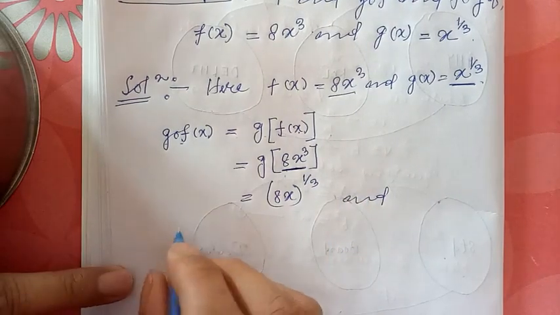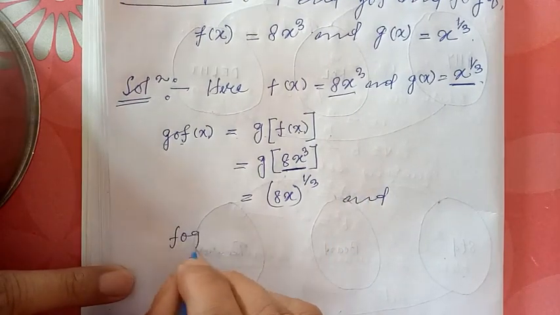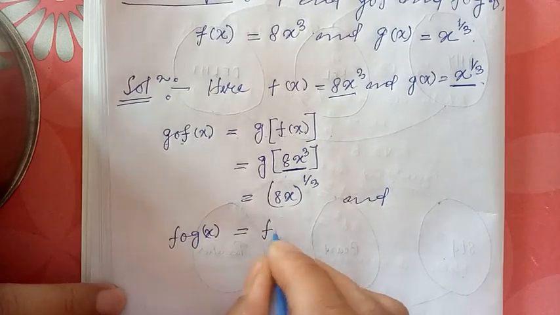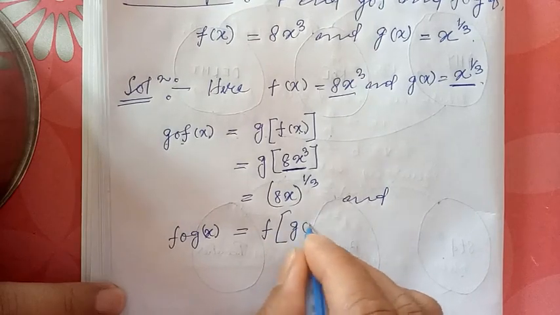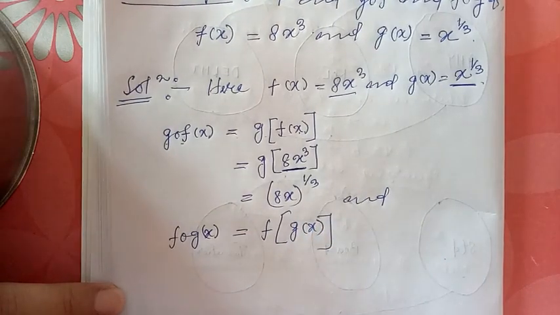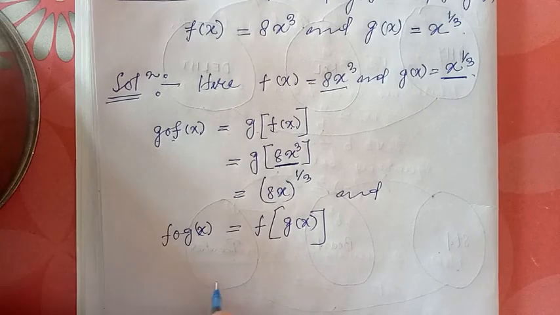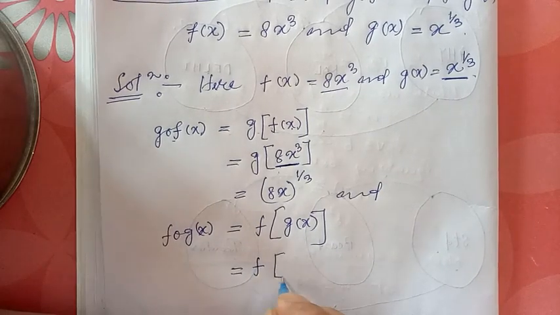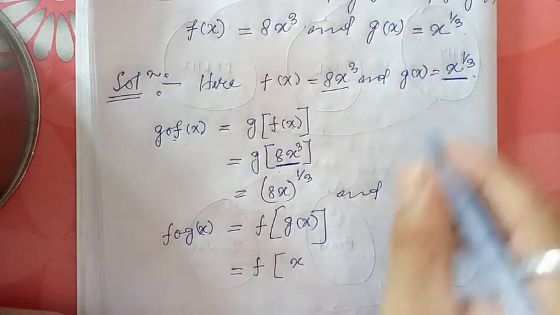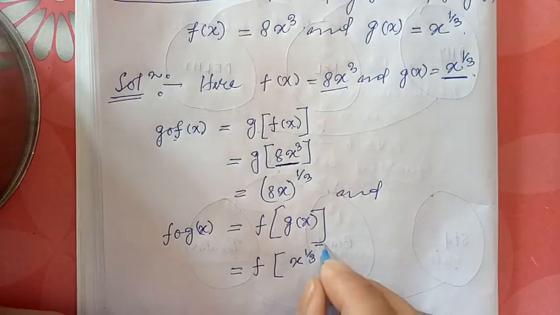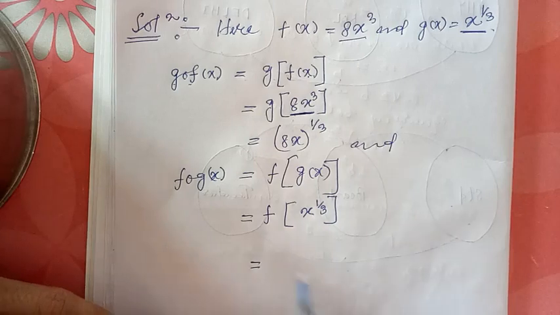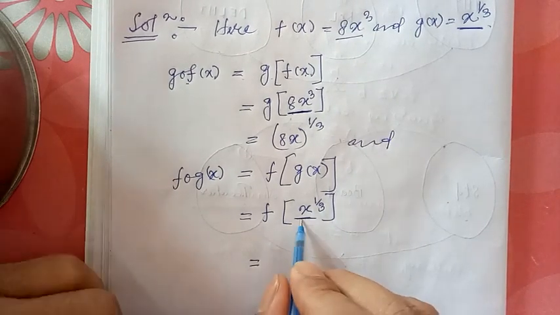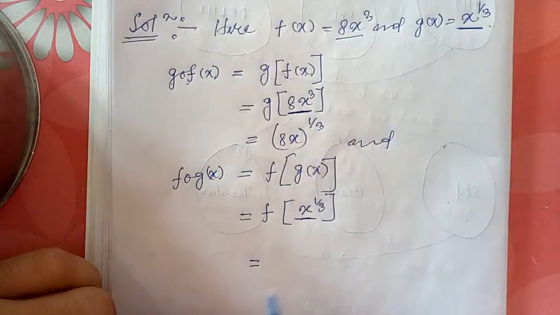Now we are going to find f o g(x), which is written as f of g of x. We put the value of g(x) here. g(x) is x^(1/3). Now we put this value in here.